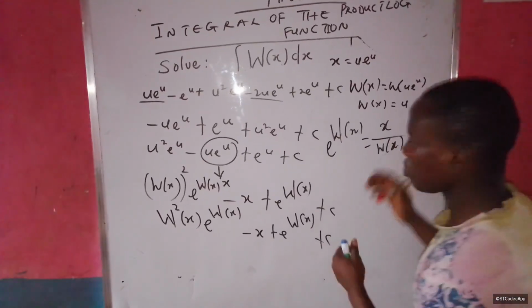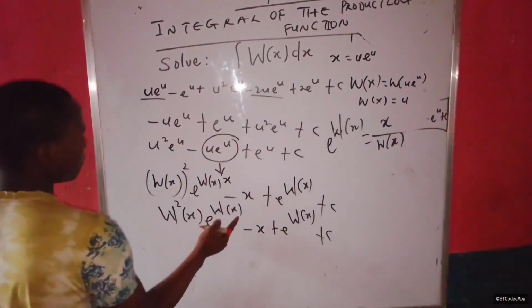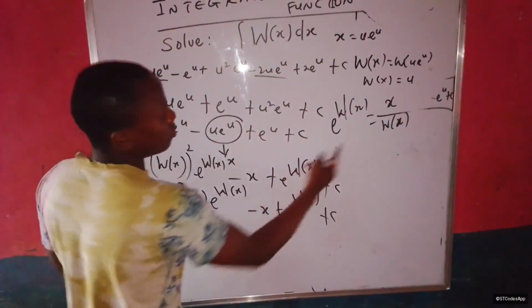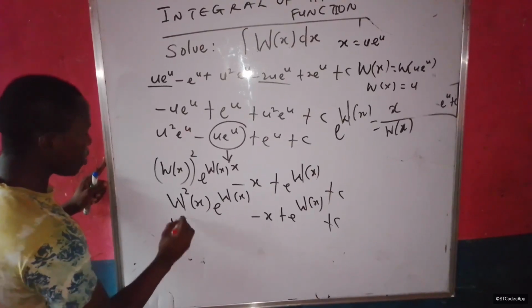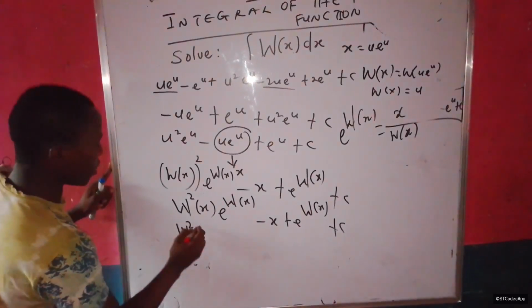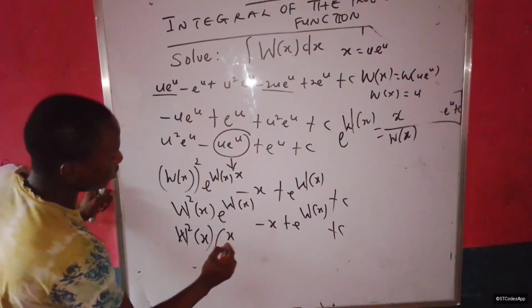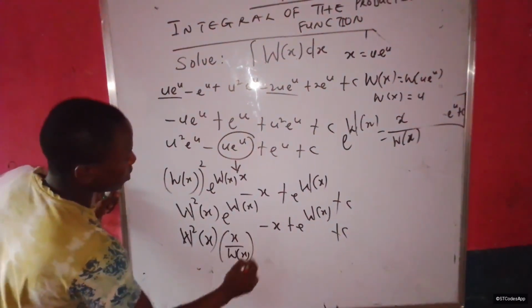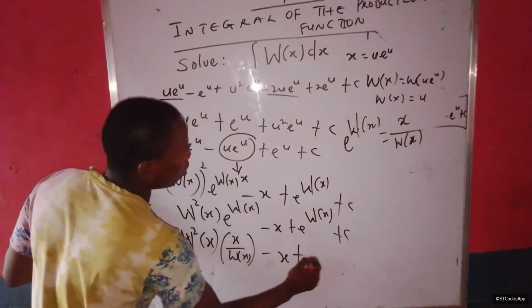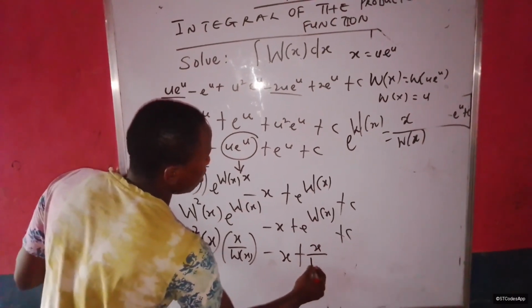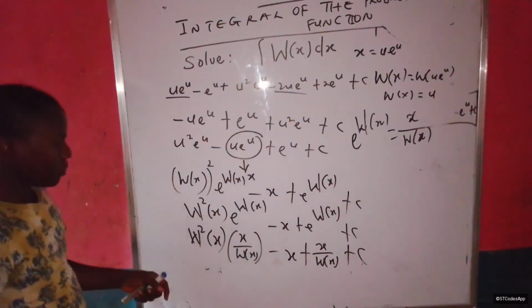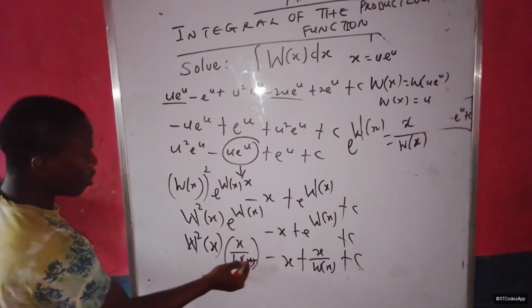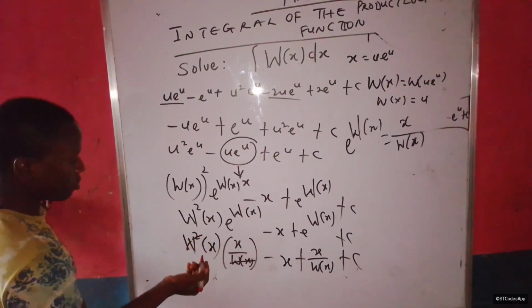Don't forget, so that's what it's going to give you. So I'm going to have product log of x squared multiplied by x over product log of x minus x plus x over product log of x, everything plus c. Okay, so product log of x is going to cancel out here.